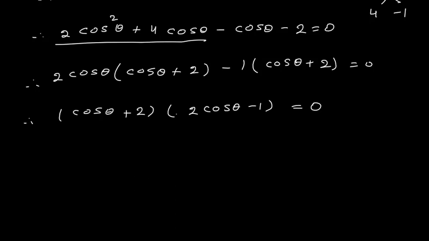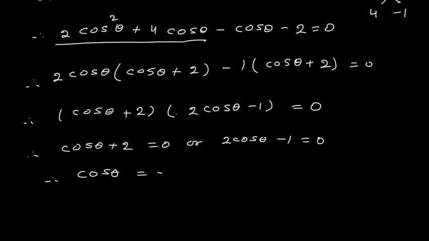So you have cos theta plus 2 is 0, or 2 cos theta minus 1 equal to 0. So you get cos theta as minus 2, or you get 2 cos theta is 1, that is cos theta is 1 by 2.